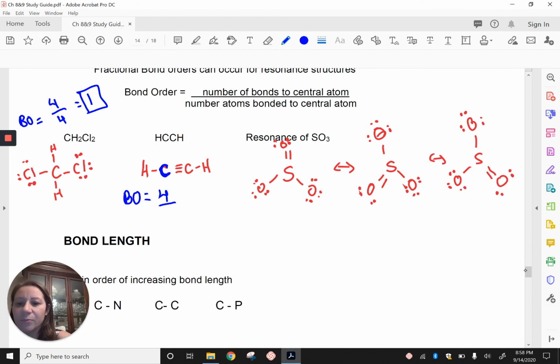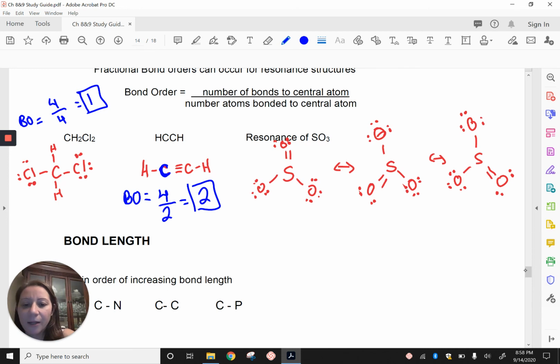So this carbon is bonded to 2 other atoms. And so 4 over 2 gives you 2. So the bond order for this molecule is 2, which tells you that the average for this carbon is a double bond, which makes sense because you have a single bond and a triple bond, so the average between them would be a double bond.